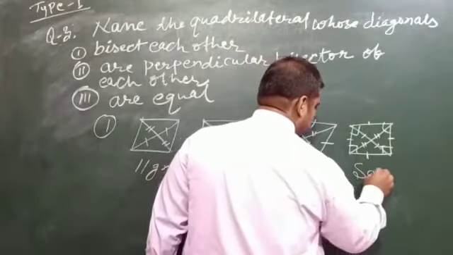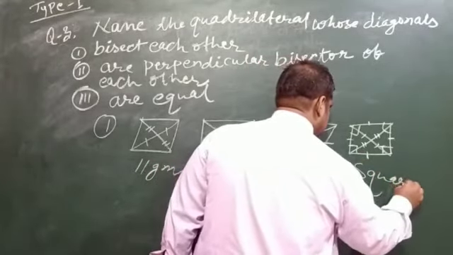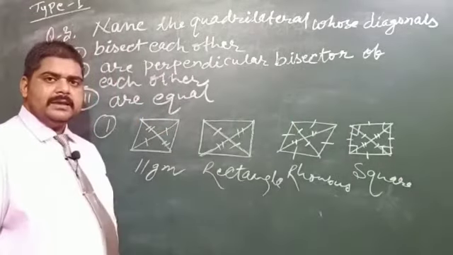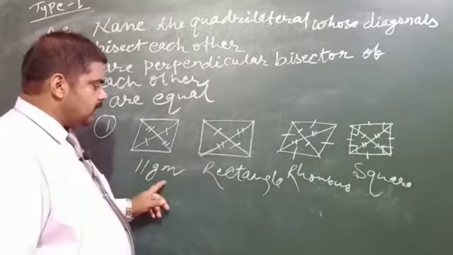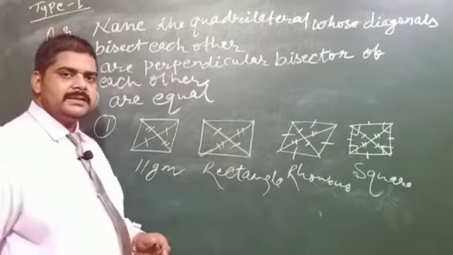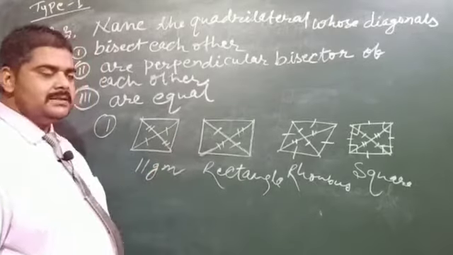So all four answers you can give for the first one: parallelogram, rectangle, rhombus and square, because in all the cases the diagonals bisect each other.